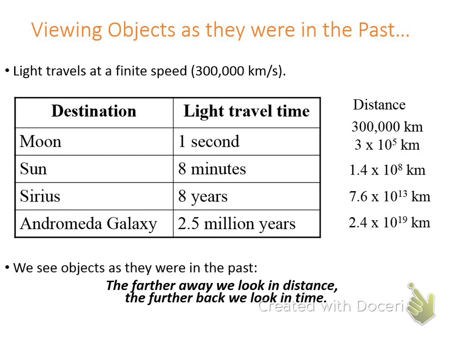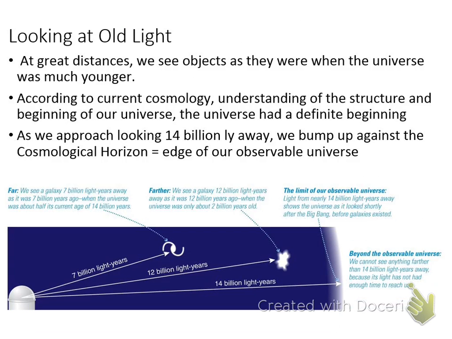Can you see where we cannot see an object that is 15 billion light years away? If we see a galaxy 15 billion light years away, that means that galaxy has been emitting light for 15 billion years before it finally reached us. That's longer than our universe has been in existence. We bump up against what's called the cosmological horizon. What I just described is the limit to our observable universe.